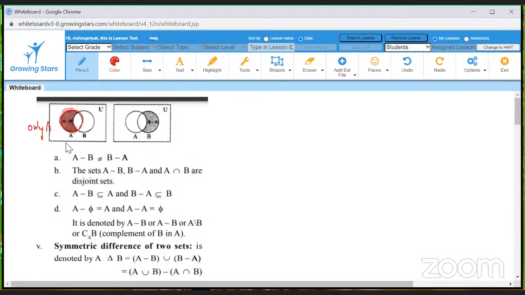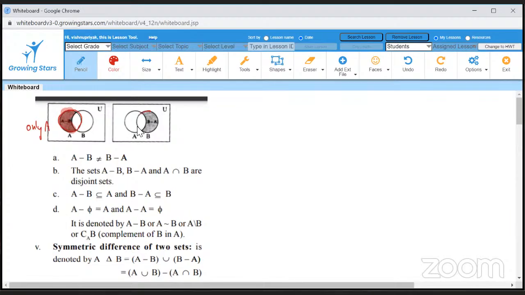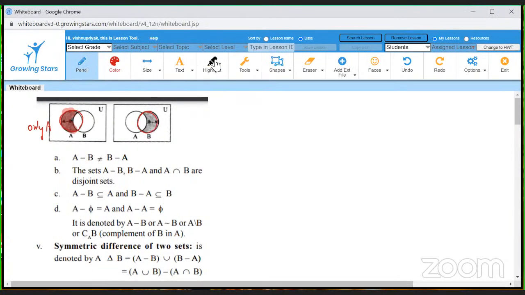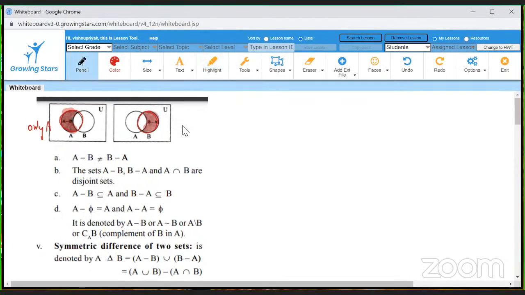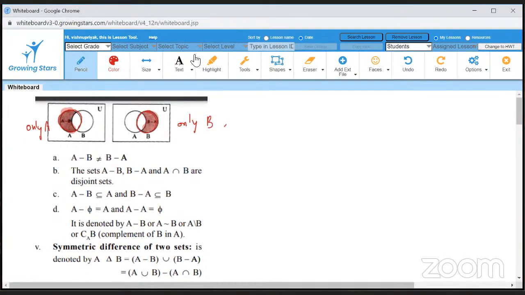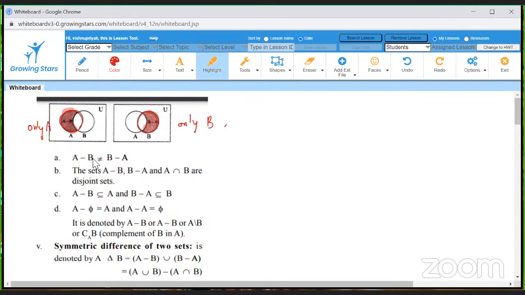You are removing B. Similarly, B minus A means you will take the B circle, you will not shade A, you will remove A, you will shade only B. Like this also you can write. And you can see here, A minus B is different, B minus A is different. They are not the same. See the diagrams.